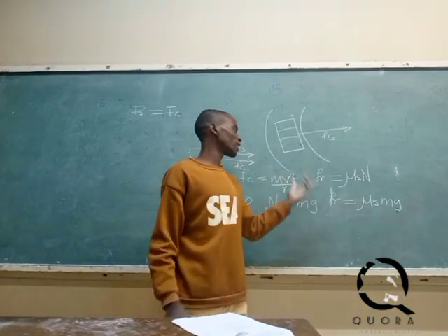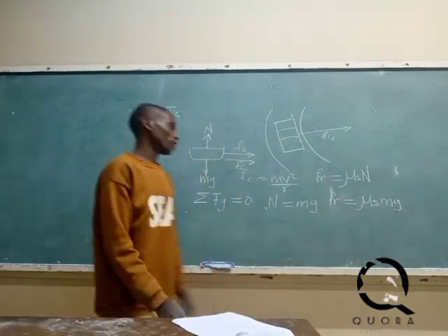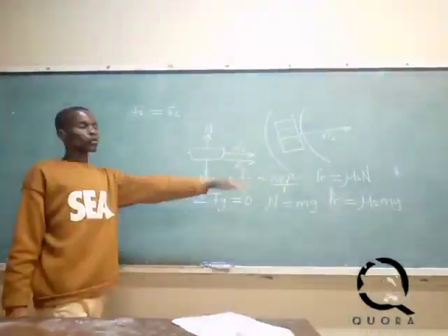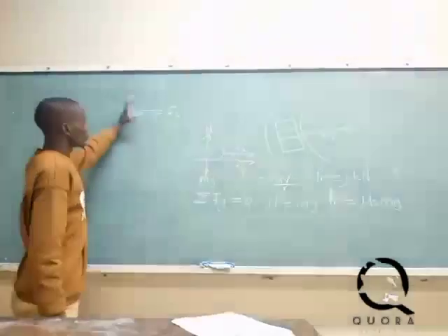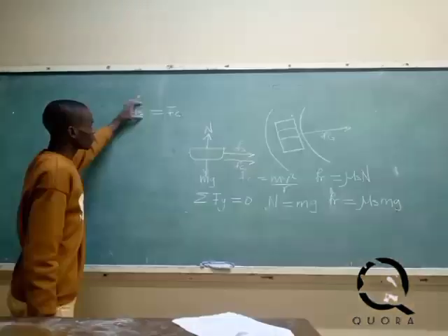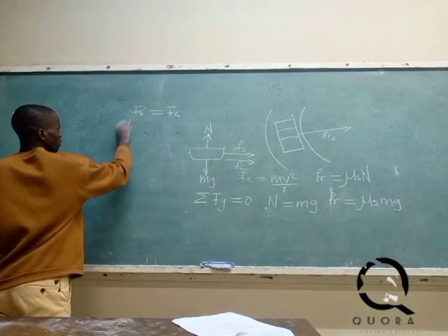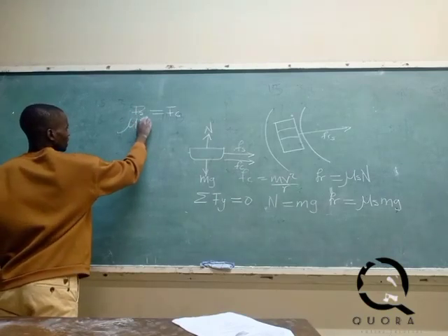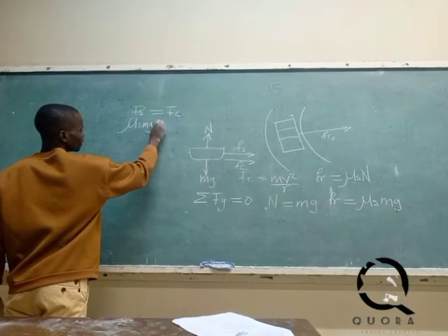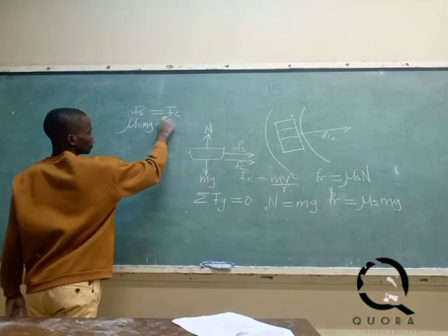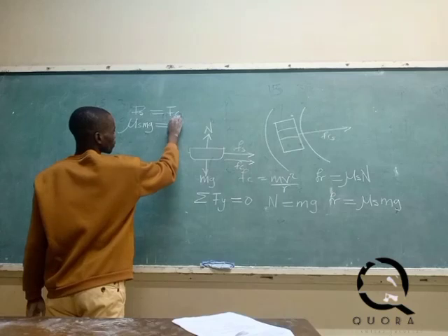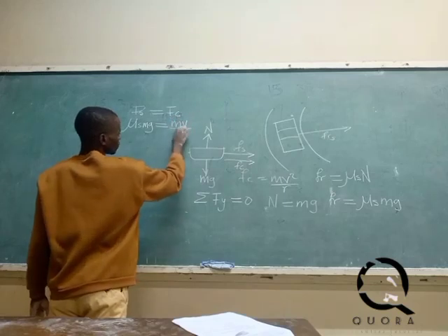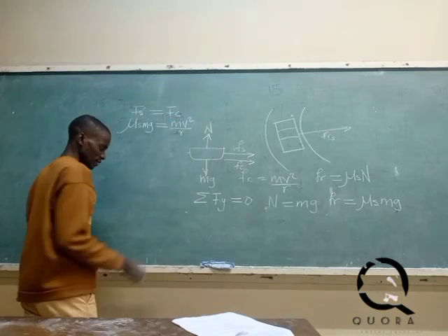Because the normal force is equal to the weight of the object, and that is the formula to use whenever you want to calculate friction force. So the formula for friction force here is mu static times mass times gravity. I will equate these two. The centripetal force is given by this formula.